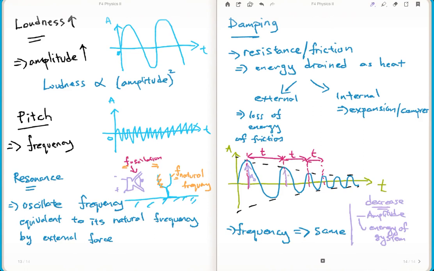This one here is A1, and eventually A2, A3, where A0 is bigger than A1, bigger than A2, bigger than A3, and so on. That's basically all about this part.